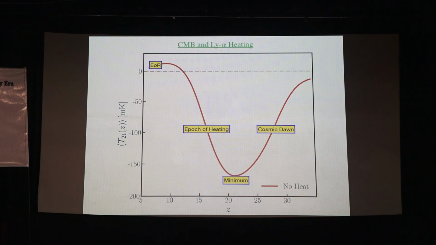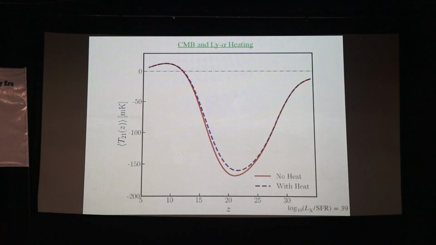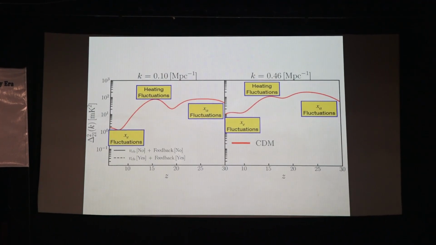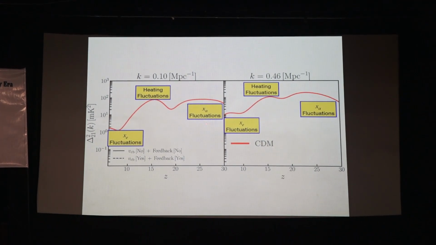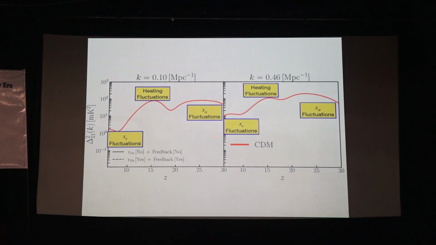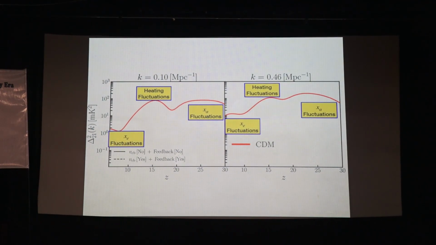Now, what happens if you apply the CMB and Lyman alpha heating? This is obvious: the heating will increase the temperature, and the curve will look like this after applying the CMB and Lyman alpha heating. There will be changes in the power spectrum also. I have pointed out three different regions in the power spectrum where three different processes dominate the fluctuations: Lyman alpha coupling fluctuations, heating fluctuations, and X-ray fluctuations.